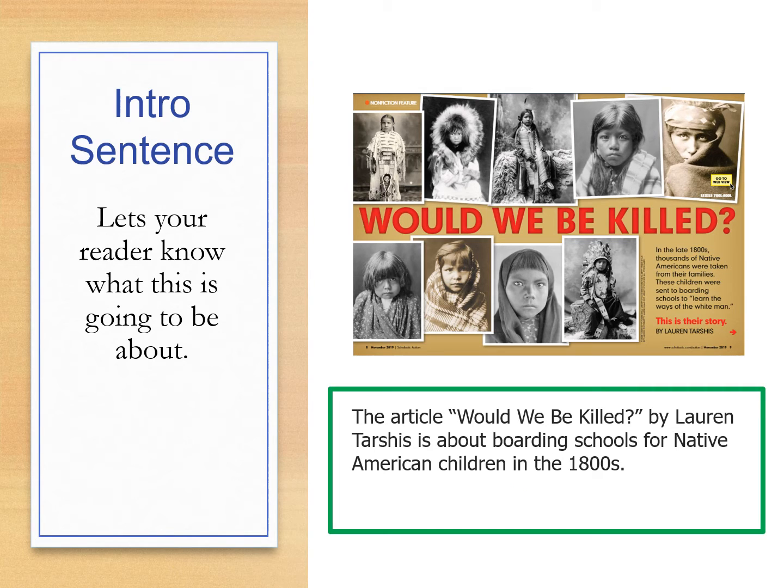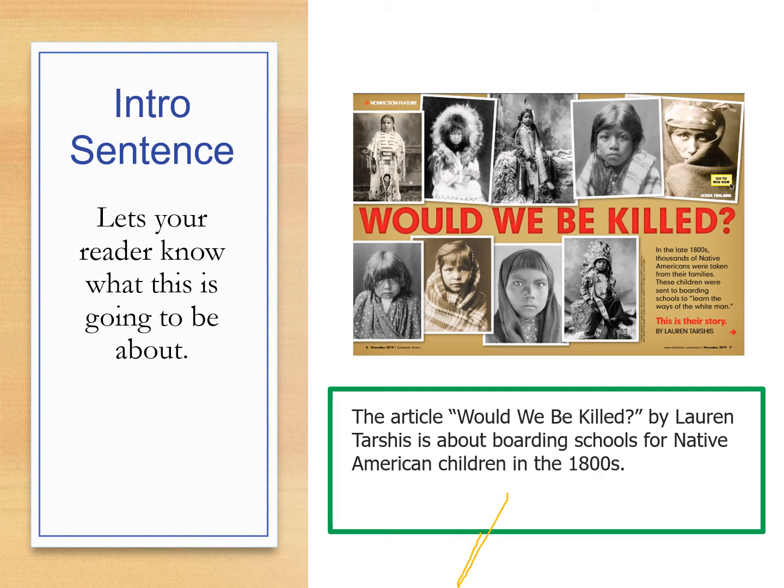And now our intro sentence is done. It reads, the article, "Would We Be Killed?" by Lauren Tarshis, is about boarding schools for Native American children in the 1800s. Go ahead and pause and type that whole sentence into your box.